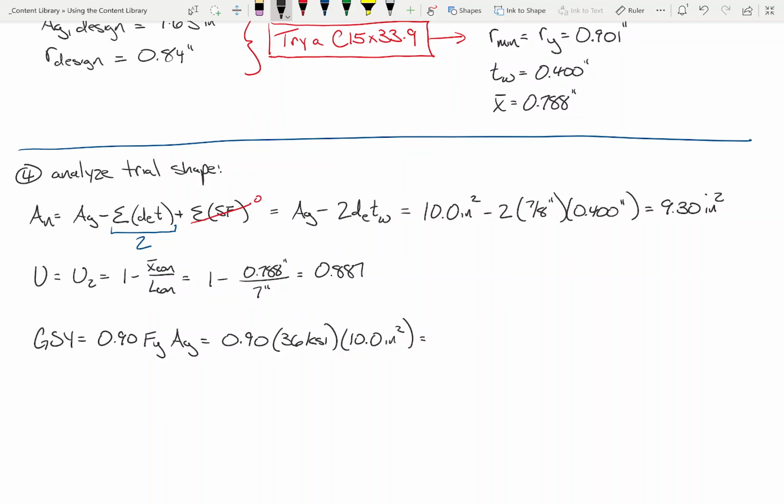And then for NSF, what do we get for these? What is GSY going to be? 324.